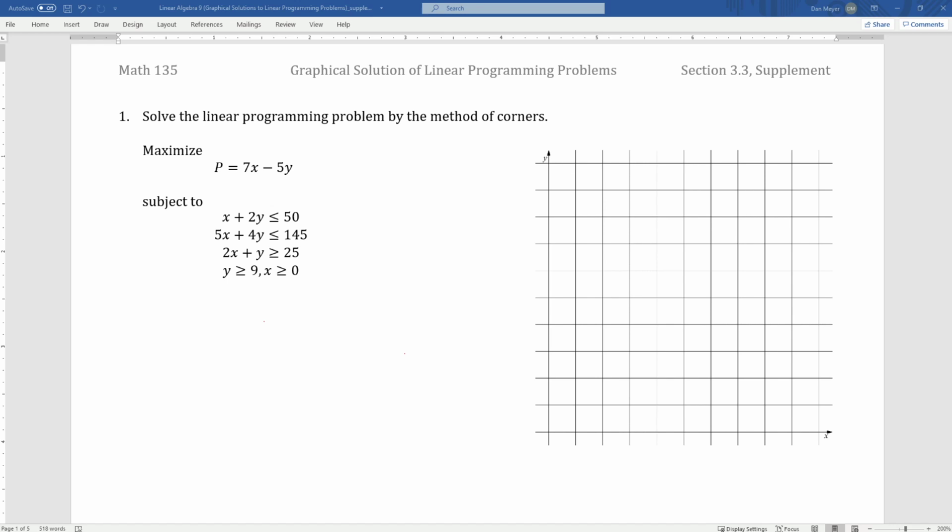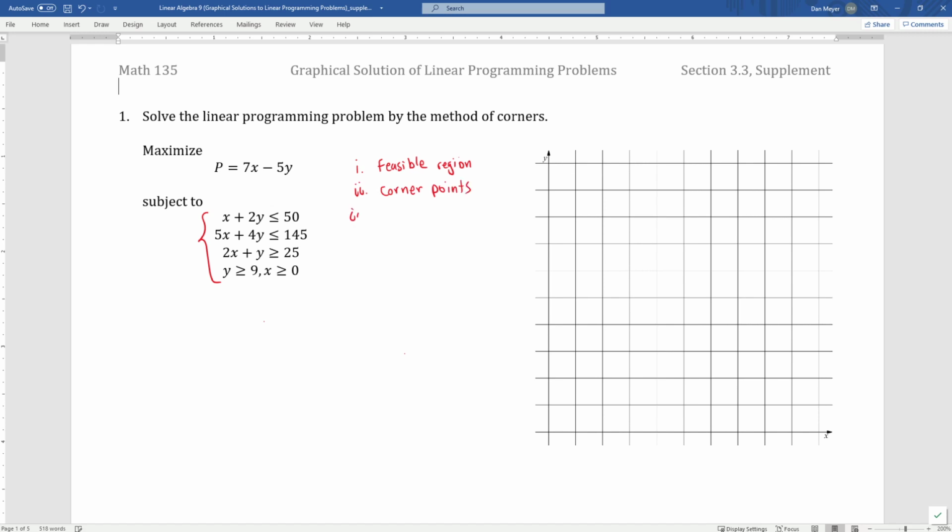So when we have a linear programming problem, we think about them as consisting of primarily 4 steps. The first step, we want to find the feasible region. Take our system of constraints here, graph our system of constraints, and identify the feasible region that corresponds to that system of constraints. Then step 2, we want to identify the corner points of that feasible region.